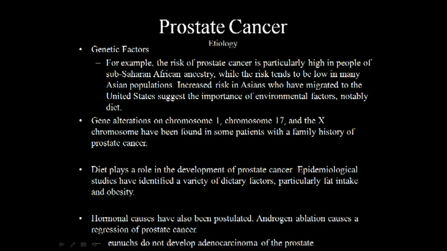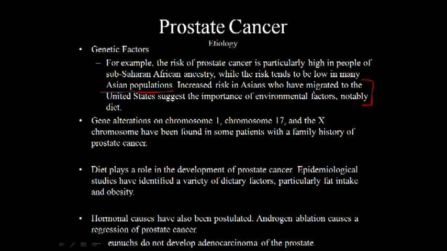Genetic factors. For example, the risk of prostate cancer is particularly high in people of sub-Saharan African ancestry, while the risk tends to be low in many Asian populations. For some reason, the Asian populations really don't have an increase in prostate cancer. However, the really crazy thing here is that there is an increased risk in Asian people who have migrated to the United States.